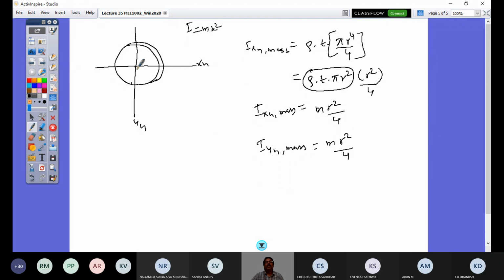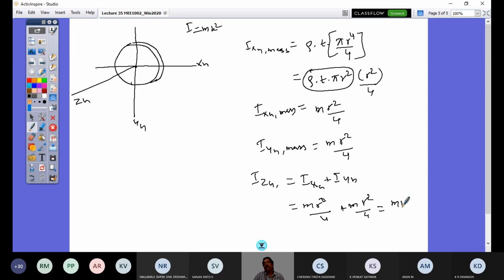If I had to get the rotational inertia of the circular disk about the ZG axis, IZG, the perpendicular axis theorem holds good here as well. IXG plus IYG, so that's going to be mr squared by 4 plus mr squared by 4. That's equal to mr squared by 2.